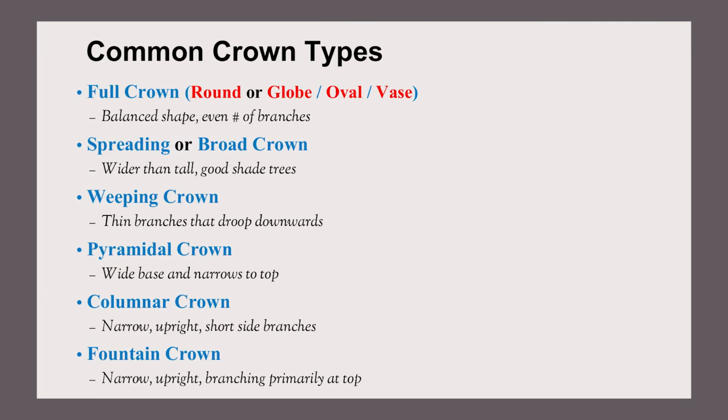Okay, next one is pyramidal crown, which is, again, more like a triangle where it's wide at the base and narrow at the top. Pine trees fall into this category, cedars, etc. A lot of evergreens fall into this category. So just understanding that is important towards, again, lighting design.